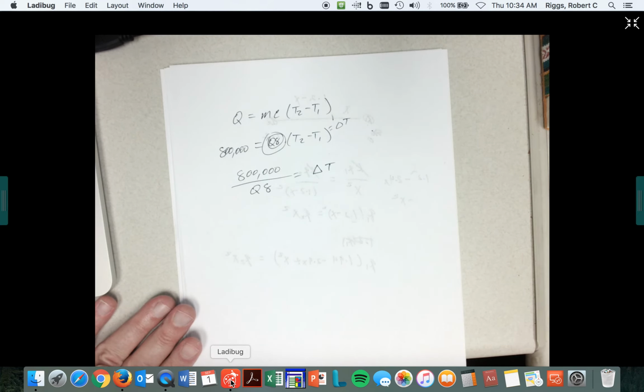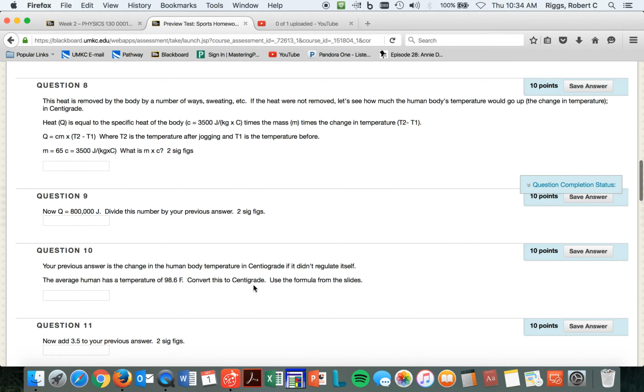How high the body was raised, which you'll see in this next slide. Your previous answer is the change in the body's temperature if it didn't regulate itself. The body pretty much regulates itself, so it tries to keep the same temperature. The average human has a temperature of 98.6 degrees Fahrenheit.